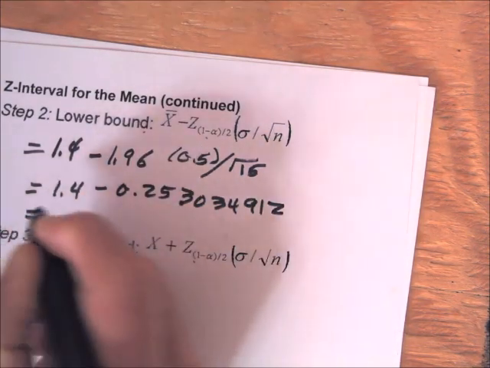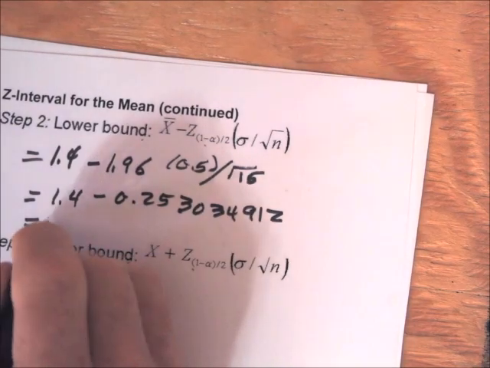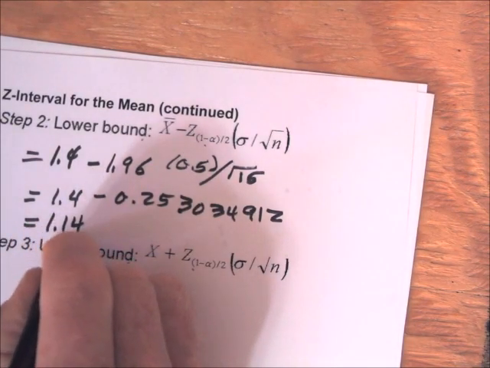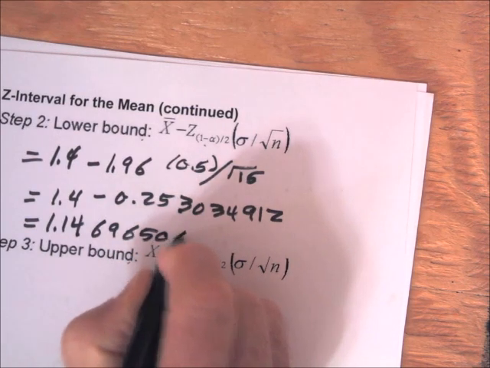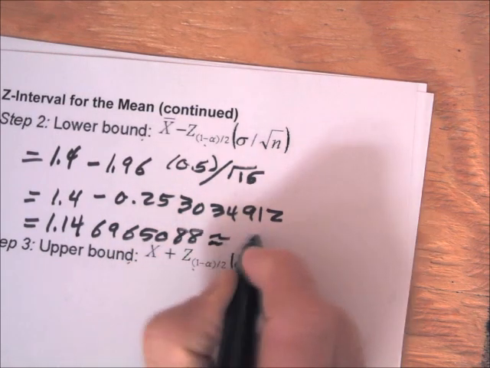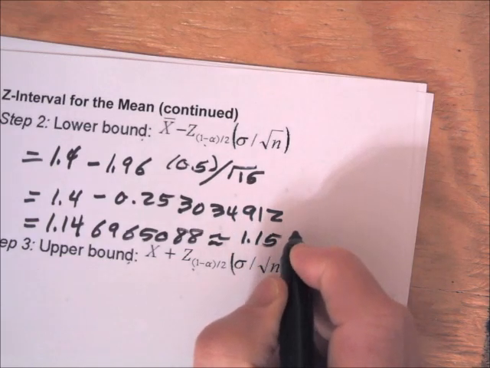And if we do the subtraction, we're going to get, I'm going to store this in memory, 1.4 minus 0.253, which is 1.1469650, approximately 1.15 milligrams per deciliter.